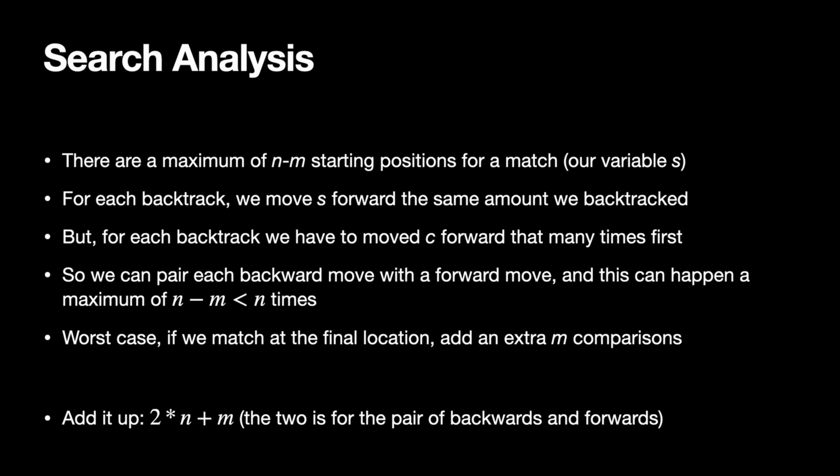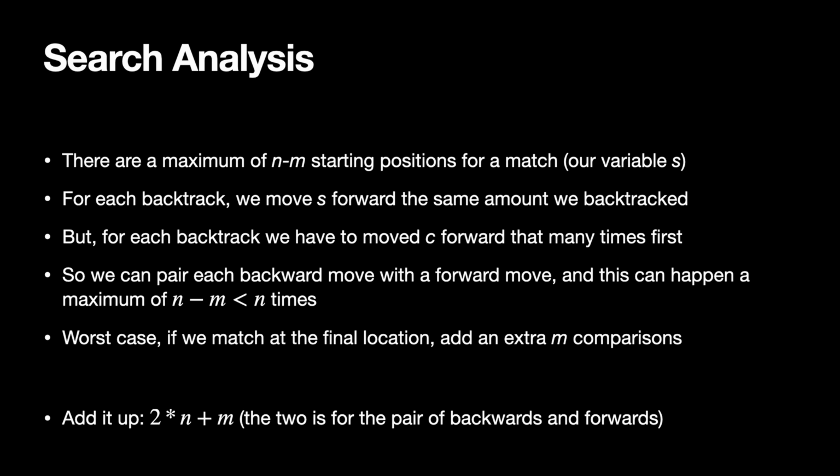We're now ready to do an analysis of the runtime of the search component of the KMP algorithm. There are a maximum of n-m positions at which we could possibly find our match, and we're going to be tracking this using the variable s. At each place, we're going to do our comparisons using the variable c across the pattern, and sometimes we're going to have to backtrack it. But every time we do this backtrack, we're going to move s forward by the same amount that we backtracked c.